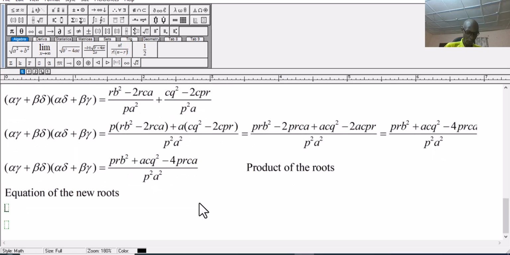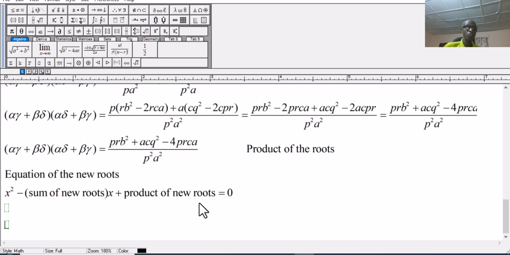So what we have there is x squared minus the sum of new roots x plus the product of new roots equals to 0.